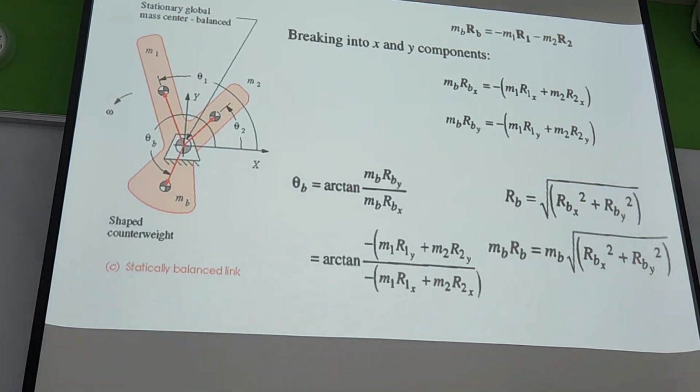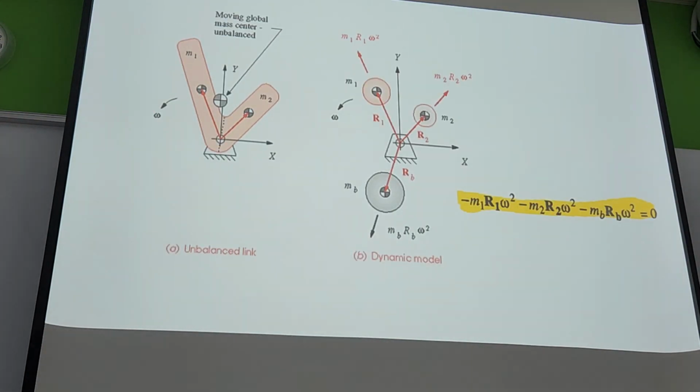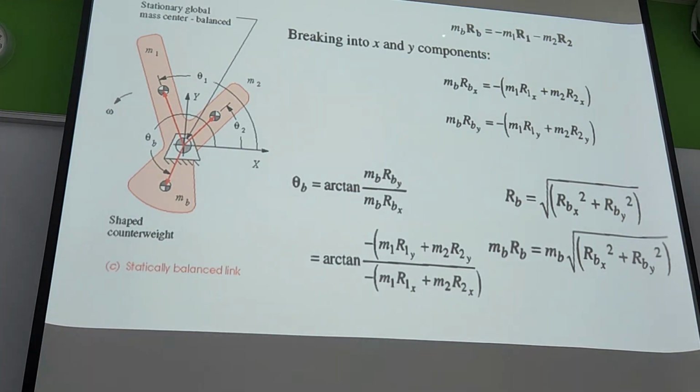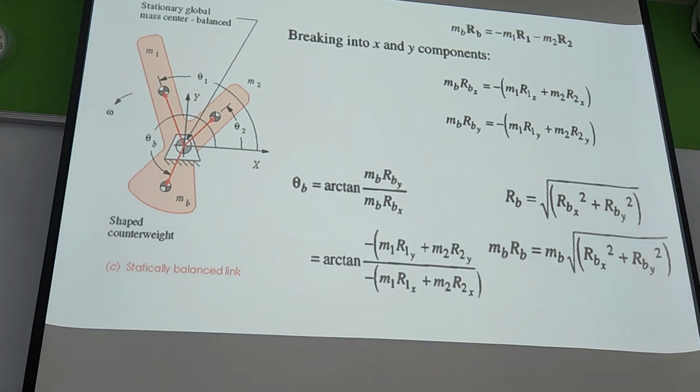When a link is in rotation with angular velocity omega, all the points on the link will have the same angular velocity. So omega is common for all the links. From the previous equation, you can take out omega square, and we can write this equation as mb rb is equal to negative of m1 r1 minus m2 r2.